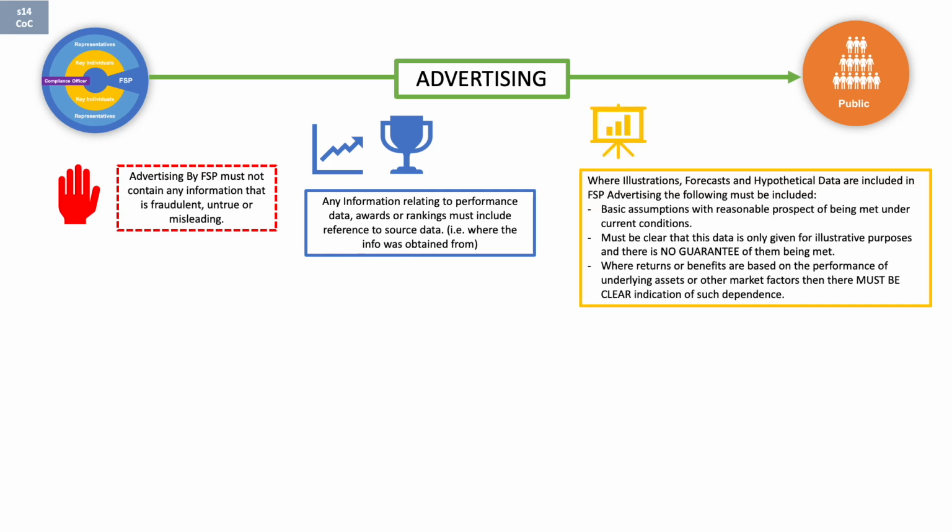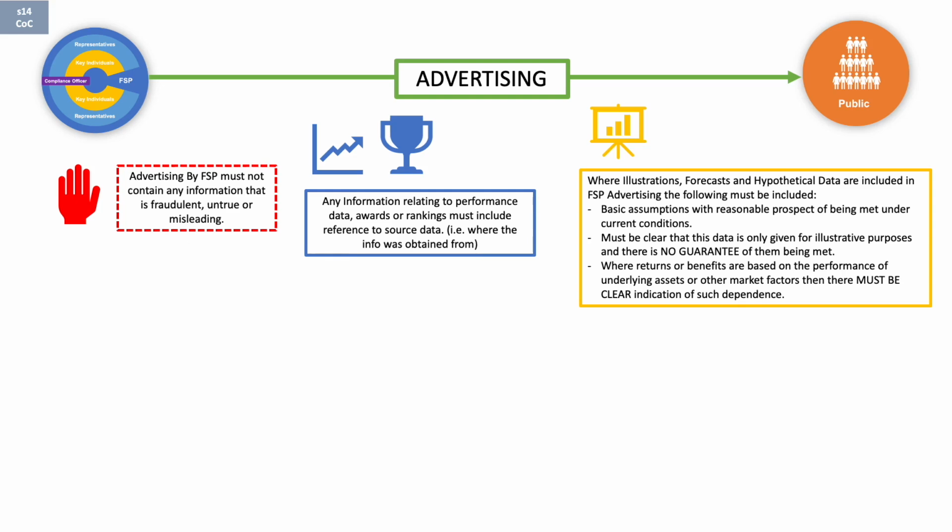Where illustrations, forecasts, and hypothetical data are included in the FSP's advertising, the following must be included. 1. The basic assumptions used with reasonable prospect of being met under current conditions. 2. It must be clear that this data is only given for illustrative purposes and there is no guarantee of it being met. 3.